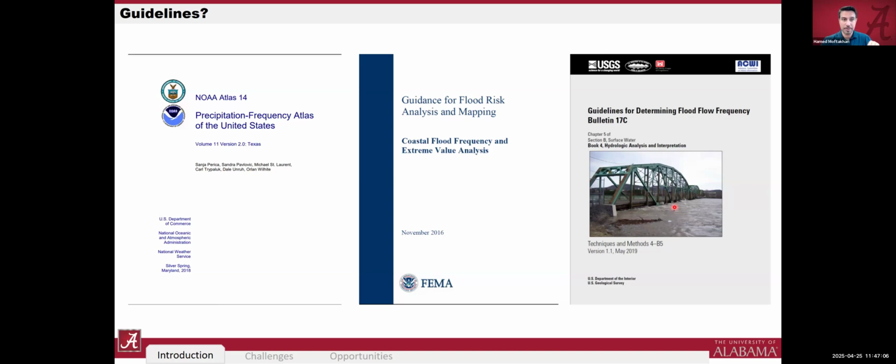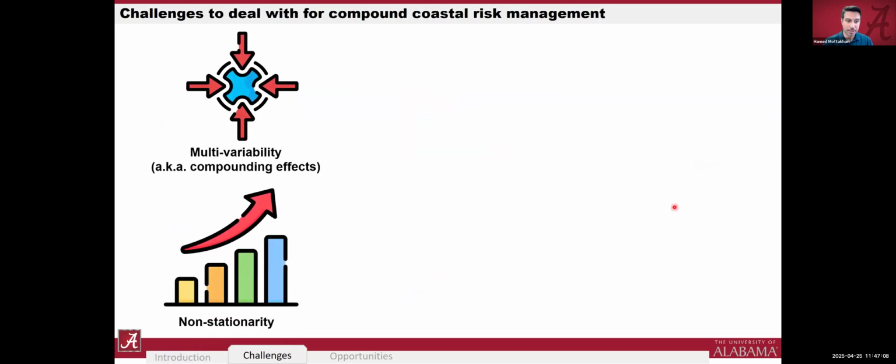If you look at these documents in depth, two major challenges pop up. One is that the multivariability of compound extremes is not systematically embedded in these guidelines and documents. Second is non-stationarity.